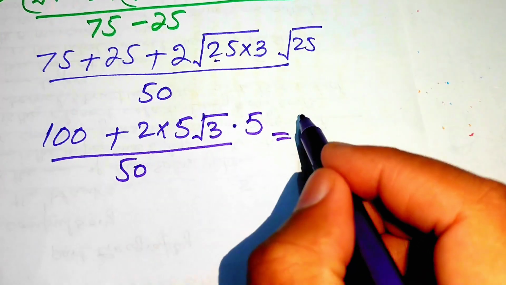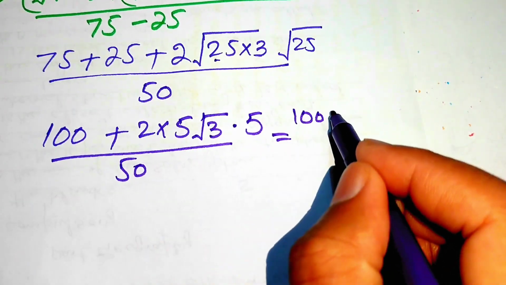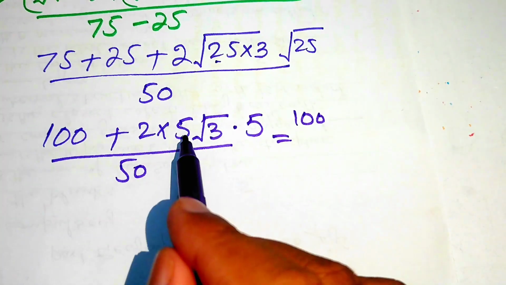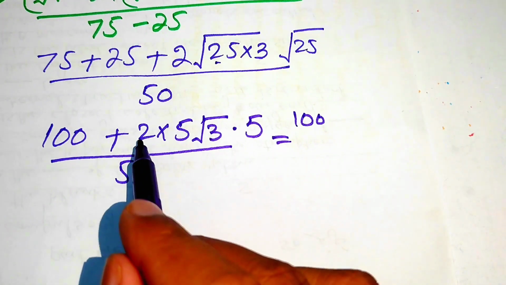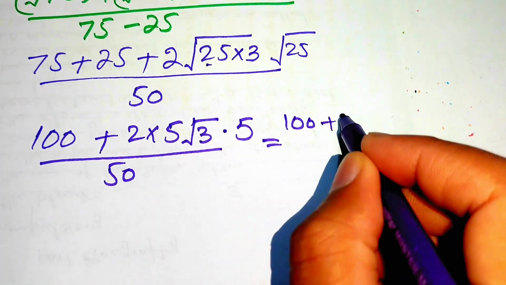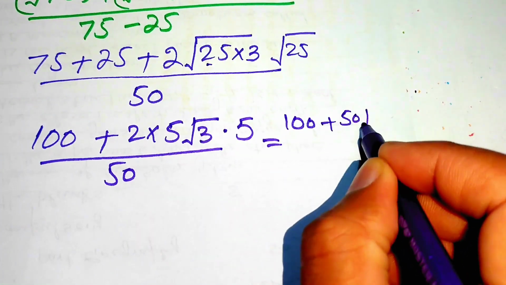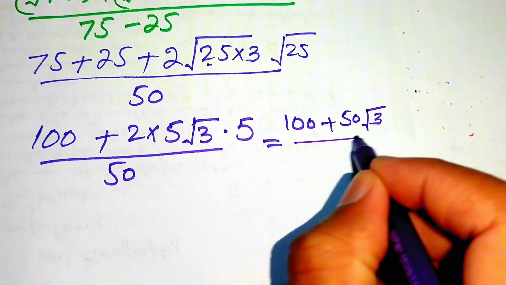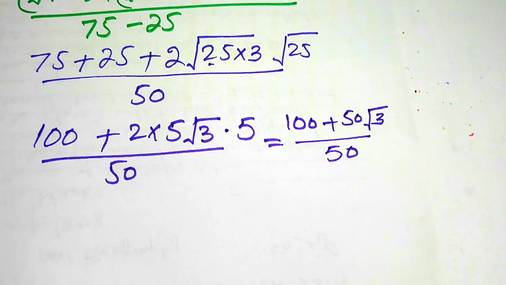Now we multiply 5 times 5 is 25, and 25 twos are 50. So we get 100 plus 50 times the square root of 3, divided by 50.